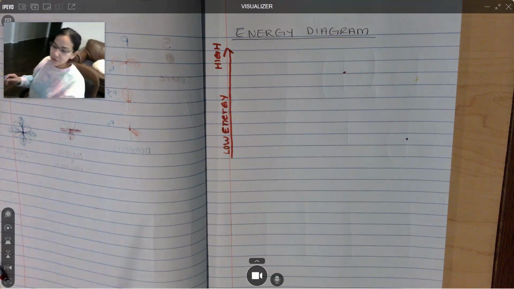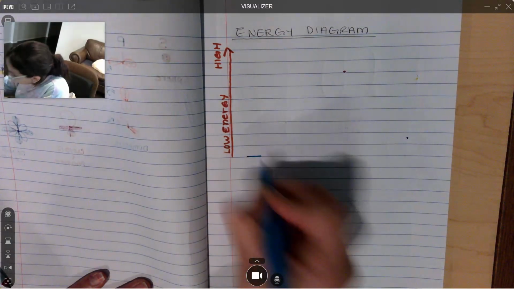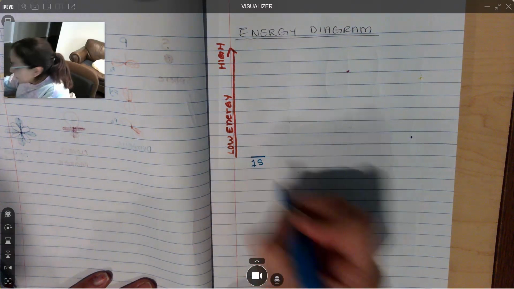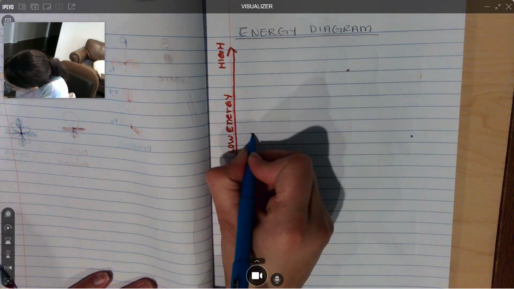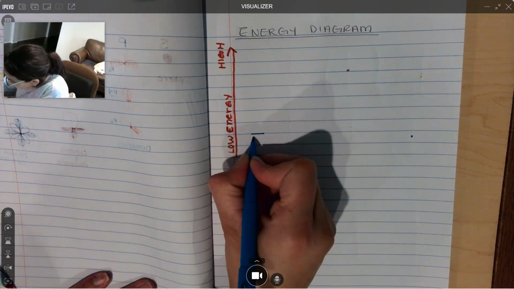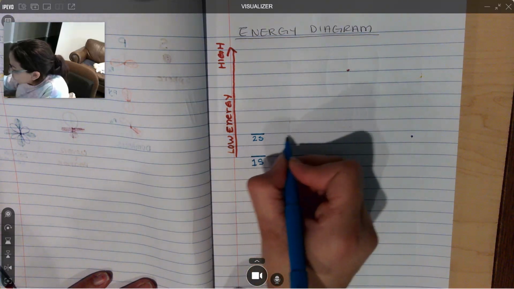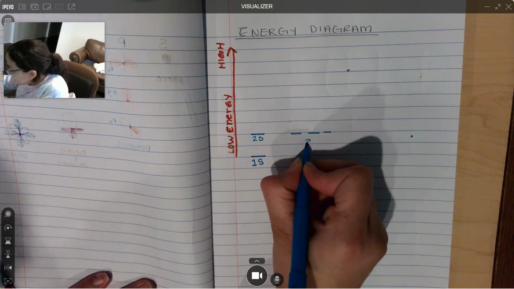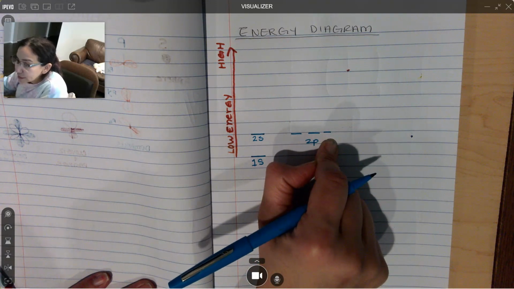Okay. So starting at the bottom here, this is where we have energy level 1, sublevel S. Then we're going to move up to energy level 2, sublevel S. And we know that energy level 2 also has sublevel P, 2P, 2px, 2py, 2pz.